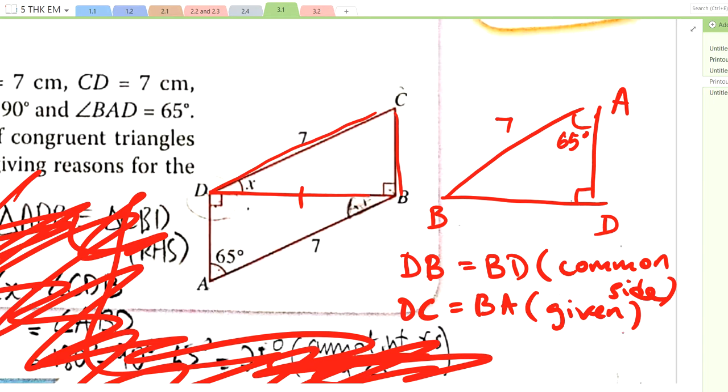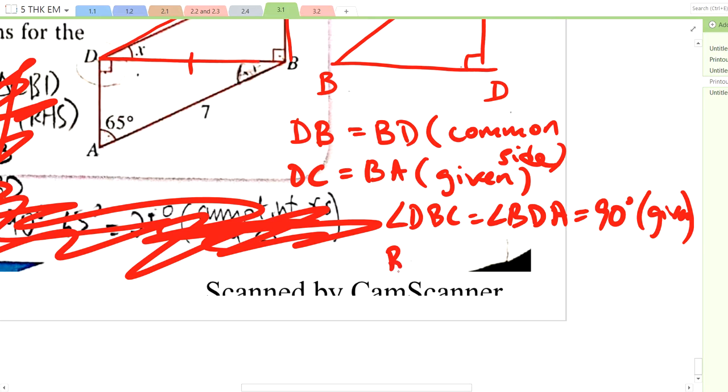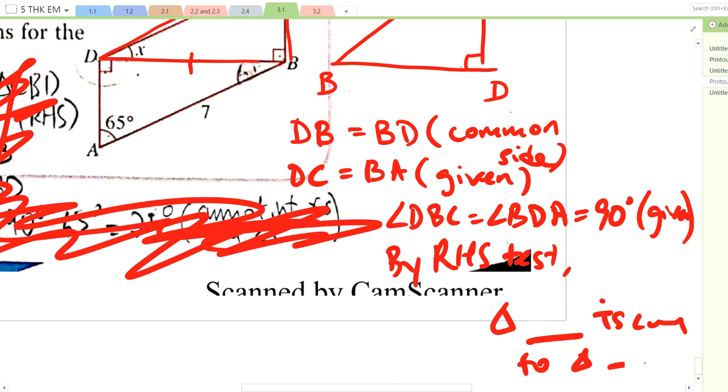Okay, I've got a hypotenuse, I've got a side. The only missing thing is a right angle. So angle DBC equals to angle BDA, which is 90 degrees. This one also given. Okay, so by RHS test, triangle blah blah blah is congruent to triangle blah blah blah.